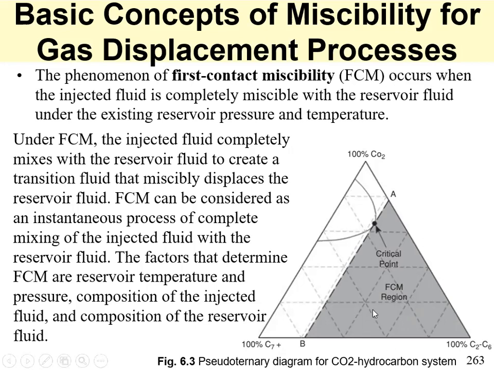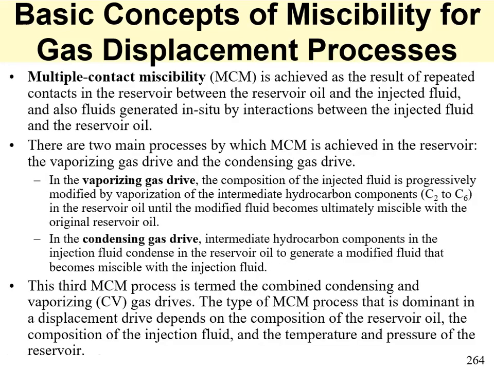So you see the shaded portion here is the region of first contact miscibility. Remember that within this envelope is the immiscible region, and your guess would be like mine, that this should be where multiple contact miscibility comes into place.